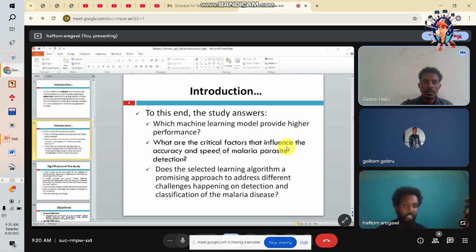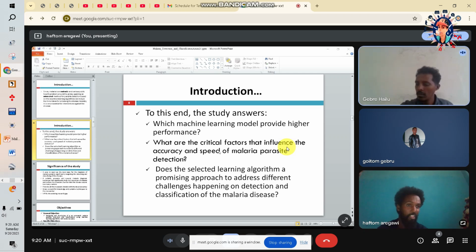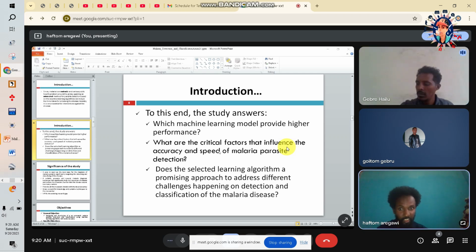We will compare different machine learning algorithms, then select one model according to the literature review. The second question: what are the critical factors that influence the accuracy and speed of malaria parasite detection? We will also focus on related works.